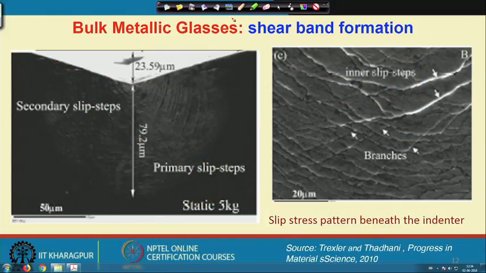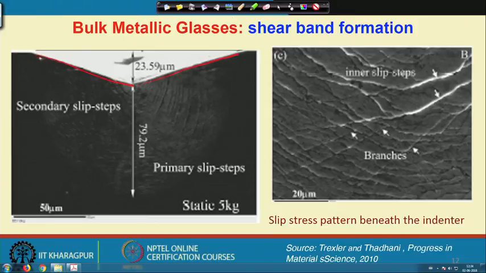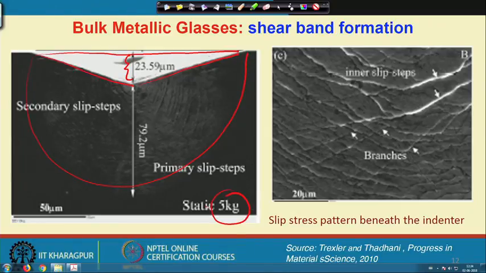Now, one can also look at the evolution of the shear bands beneath the indenter. Here this is a laminated sample that has been indented, and this is the indentation impression. The indentation penetration depth was something like 23 micrometer, and definitely you will get a large plastic zone at a static load of 5 kilogram force.